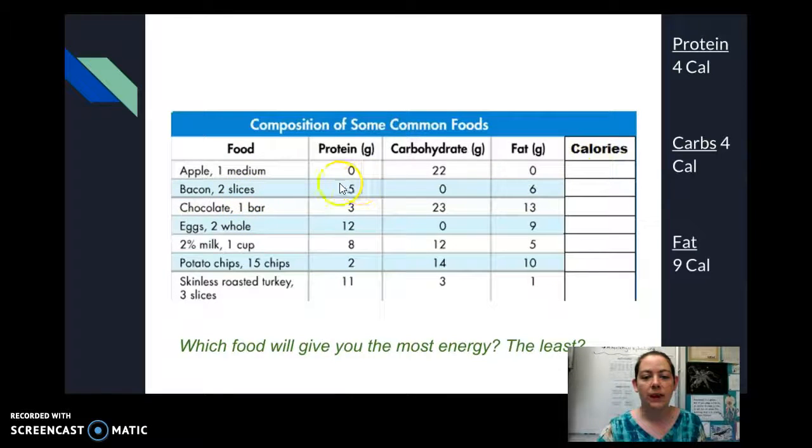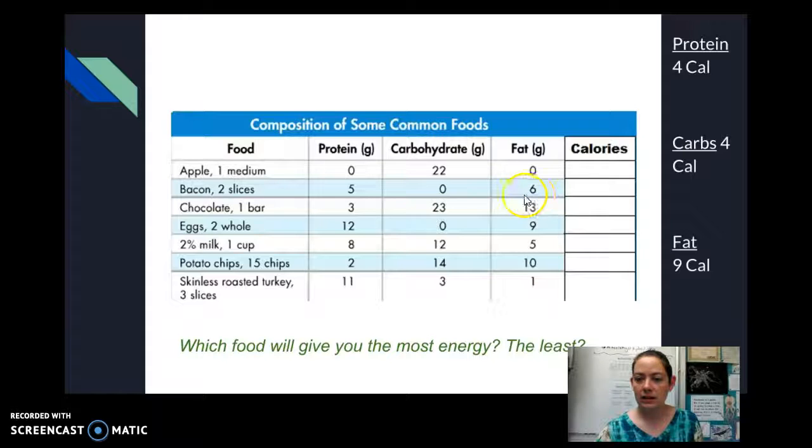Now for bacon, we've got some protein and we've got some fat. So we're going to find out how many calories in our protein. So that will be 5 times, over here we have 4 calories in a gram of protein. So 5 times 4, that would be 20 calories for just the protein part. But we also have 6 grams of fat.